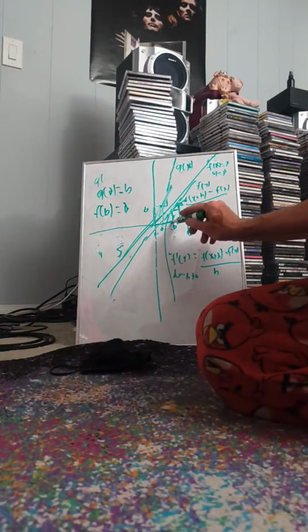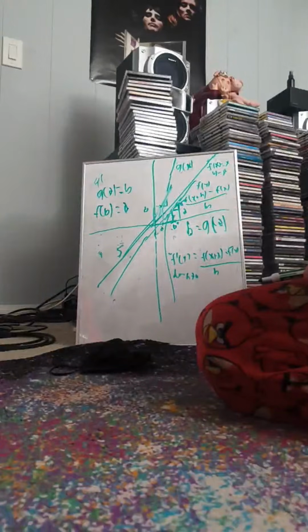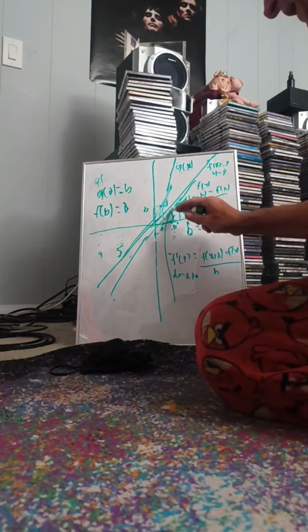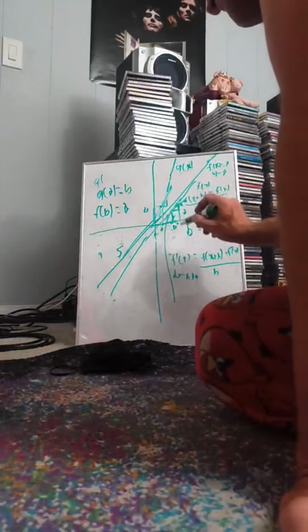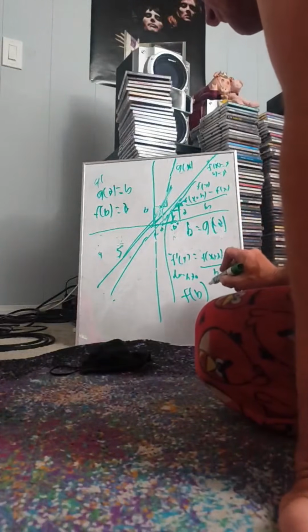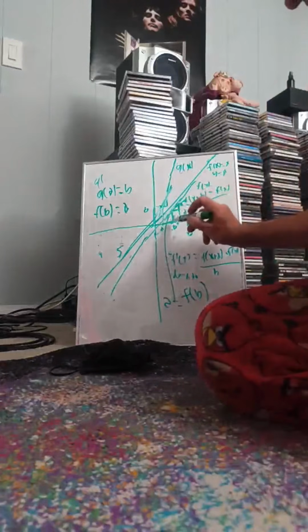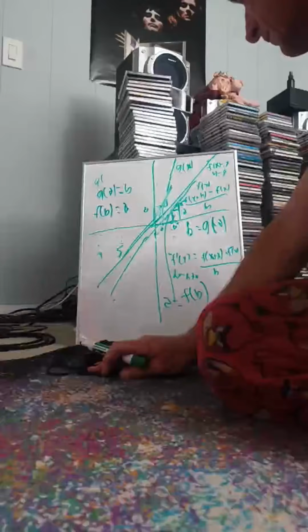And this is g of a. And this A here, this A is f of B. So A equals f of B. No, wait, that's not.